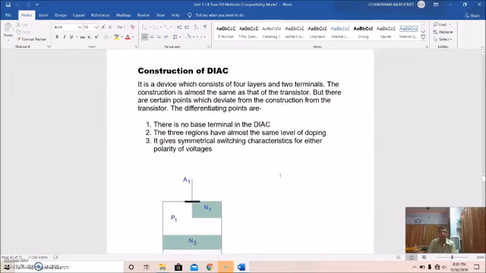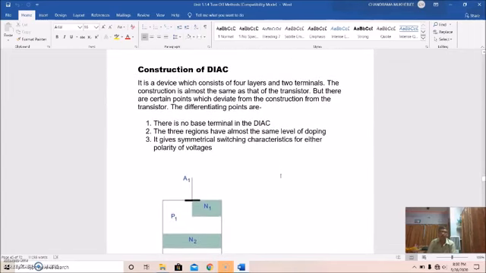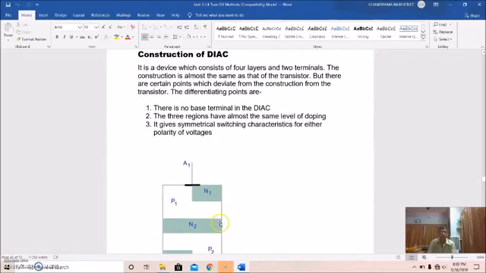Now, construction. It is a device which consists of four layers. The two terminals are almost the same as a transistor, but there are certain points which are not similar to the construction of the transistor.